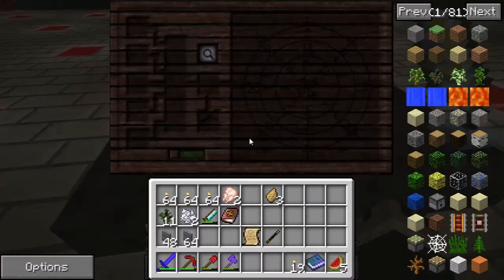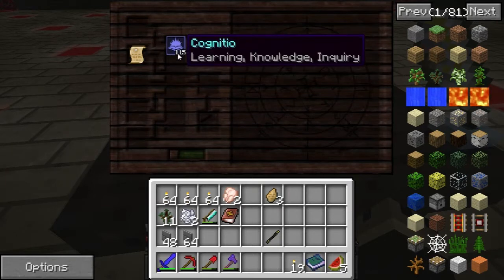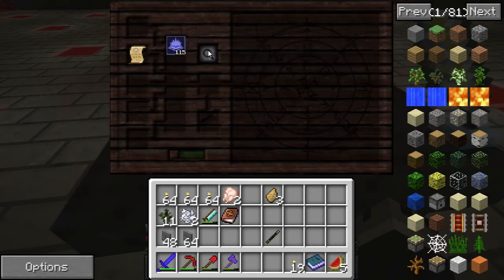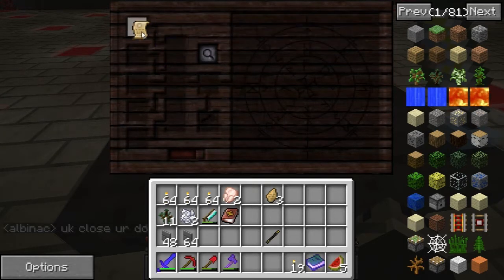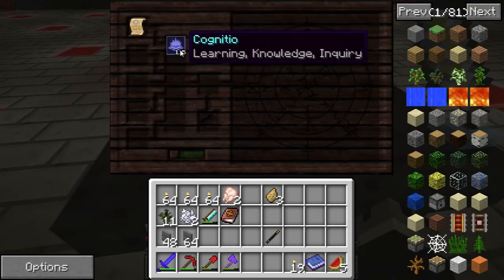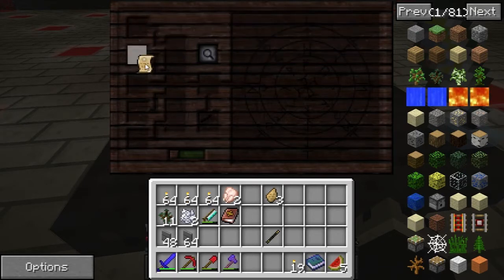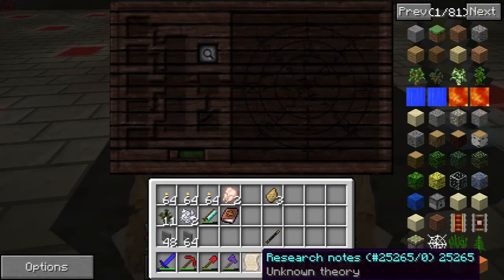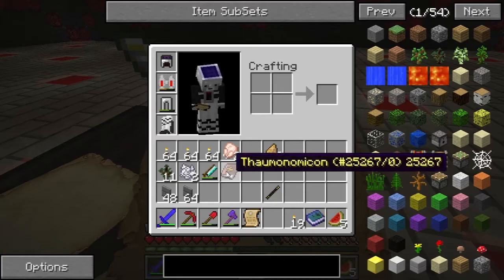Okay, so I suppose that the first thing I want to do is research this somehow. I really don't understand how to use this. I don't get it.